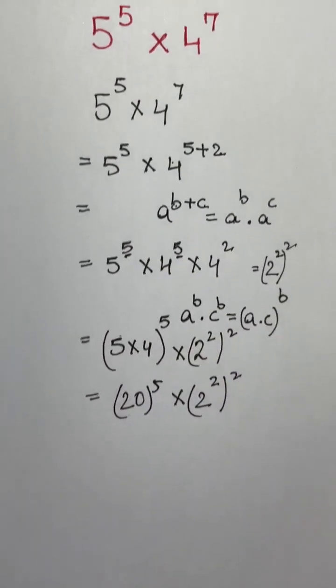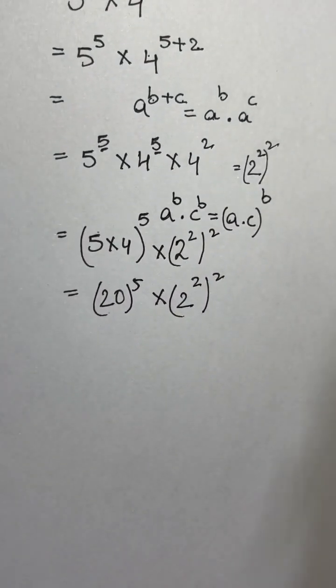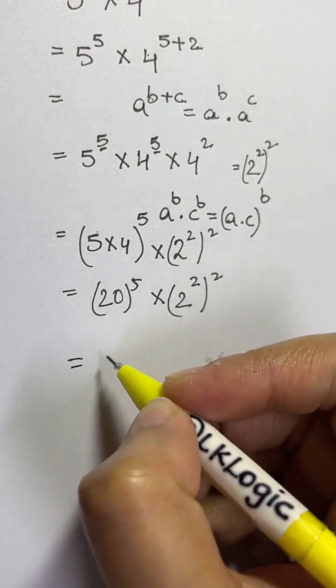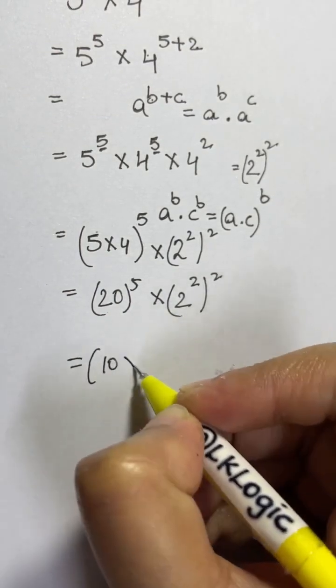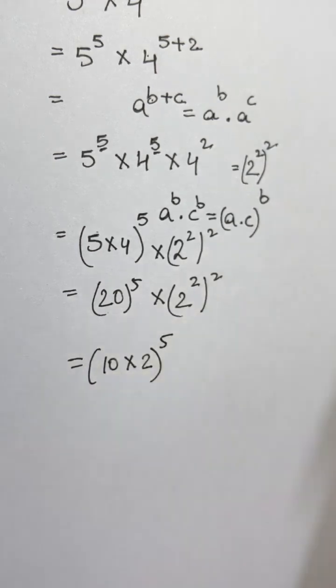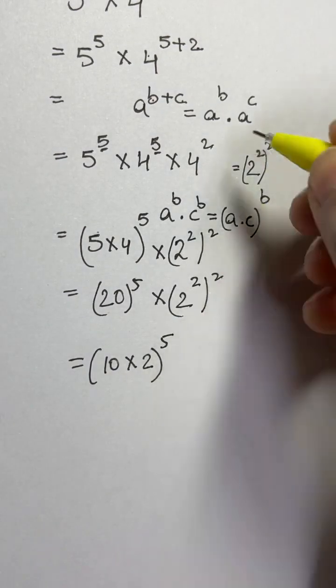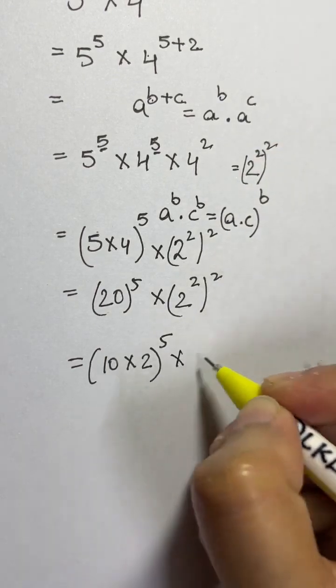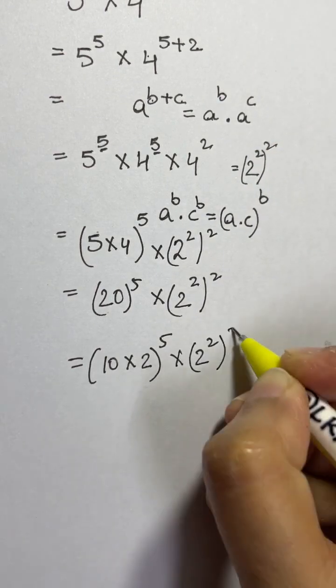Why? Because I need to form a relationship between 20 and 2. Now 20 can be written as 10 times 2 whole to the power of 5. And this, as we have already converted, 4 squared is 2 squared whole squared.